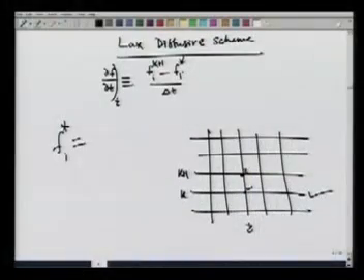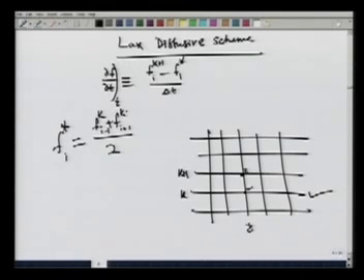To fulfill that condition, we use here an averaging parameter, because ours is a case of a one-dimensional problem, so it will be f I minus 1 plus f I plus 1, and do not forget this is for the known time level.